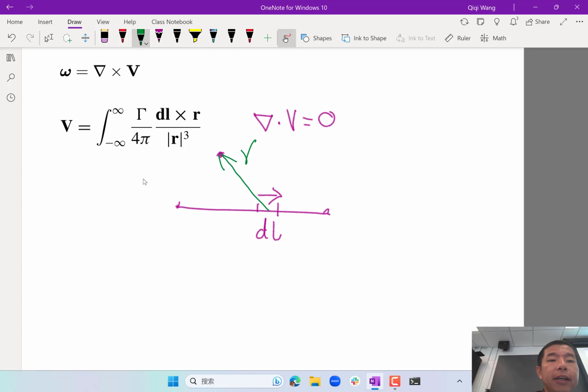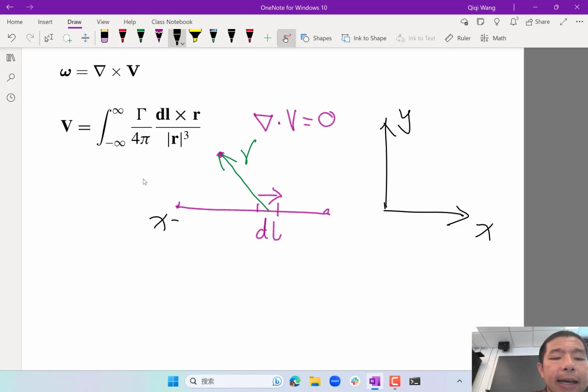All right, so if we write the whole thing into a coordinate system, so let's actually denote x as the direction of the vortex, and y being orthogonal to x, but in the plane of both the vortex segment and the point we are computing the velocity on, right? So then, let's take the beginning of the vortex as x equal to 0, and x equal to L is the length of the vortex.